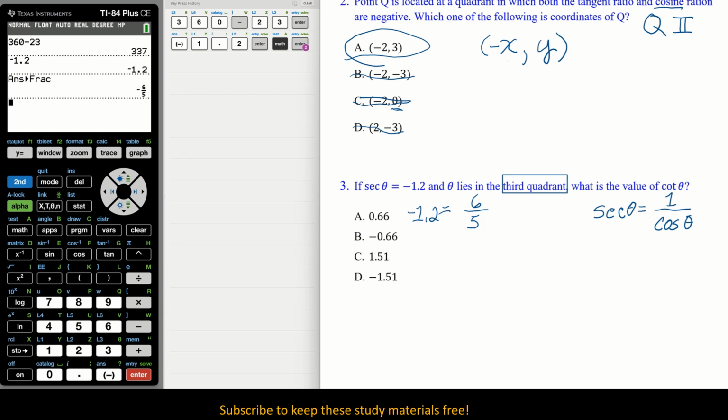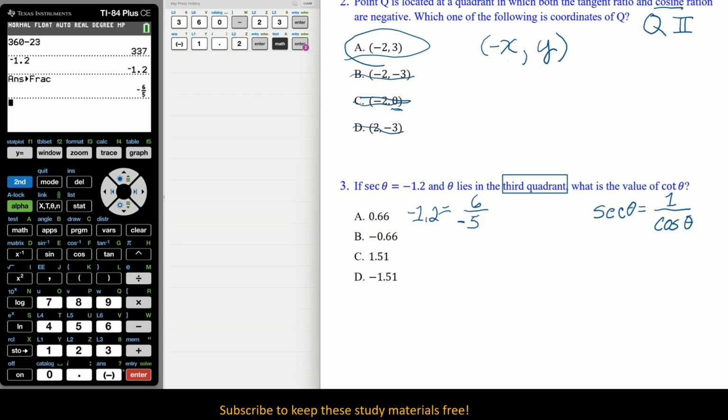And secant is 1 over cosine. That would mean this is 6 over -5. Now how did I get that?